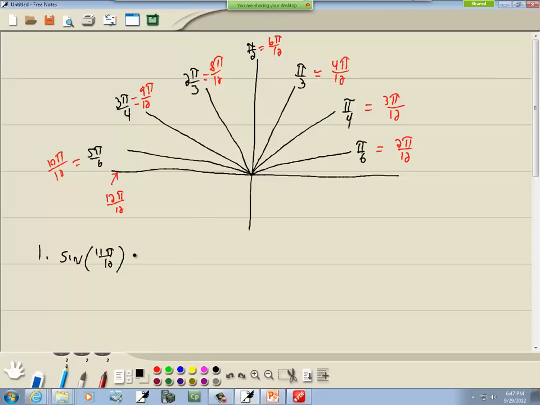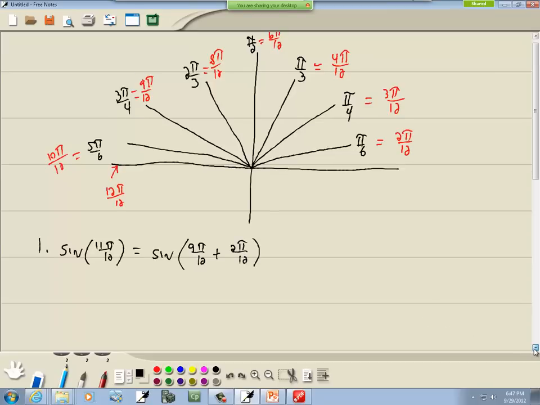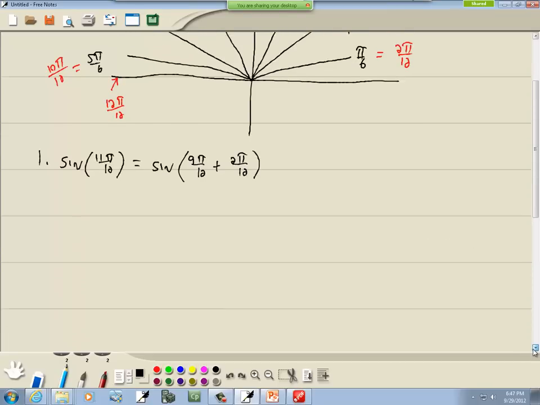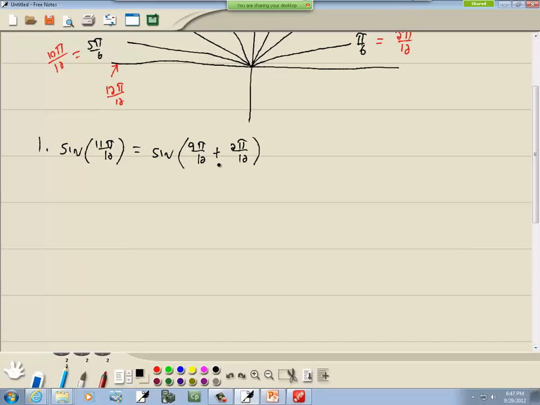So I can rewrite it that way. So this becomes sine of 9 pi over 12 plus 2 pi over 12. So we were able to write it as two angles added together from our unit circle.